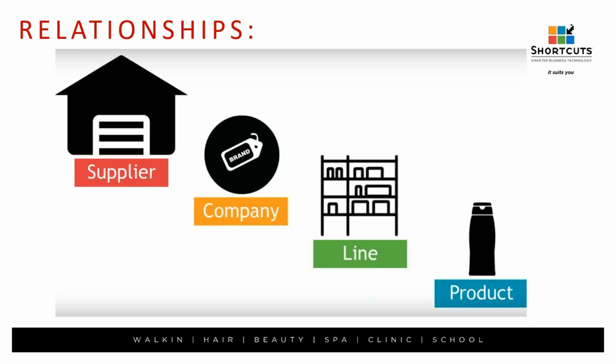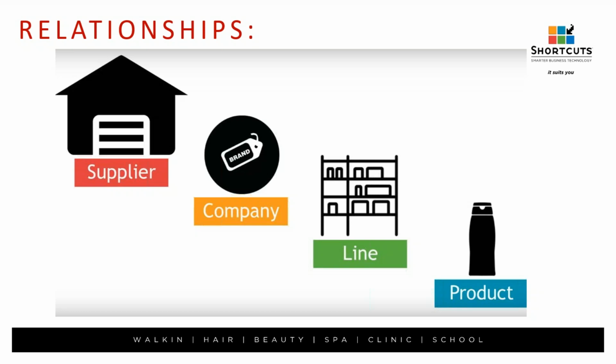You tell Shortcuts who the company is that you receive from the supplier, and what lines you carry. A lot of the big companies make a million different lines: colors, conditioners, styling products, and even tools. But you may only carry color, for example, and even the colors you carry aren't all of the possible colors. There are just certain colors and certain lines that you carry. So it's very important that you organize these correctly. And then the last step is adding the individual product.